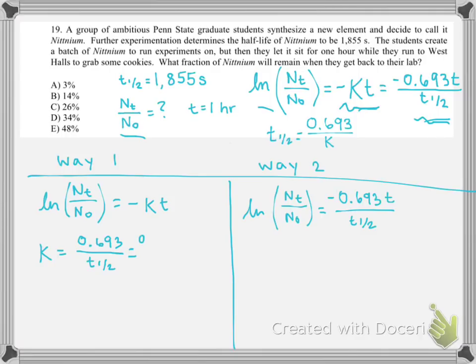So 0.693 divided by 1855 seconds. And our K comes out to be about 3.74 times 10 to the negative 4. And the unit on this, we're dividing by seconds, so it's going to be second inverse.